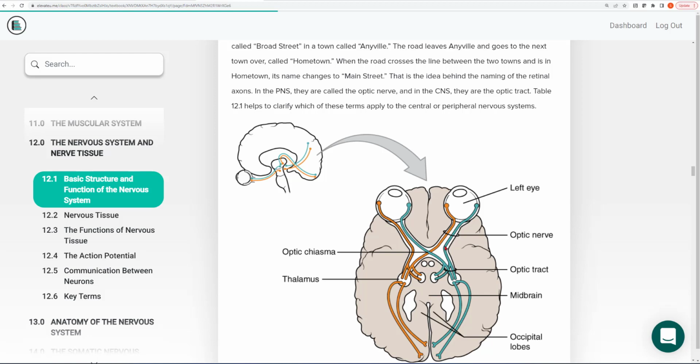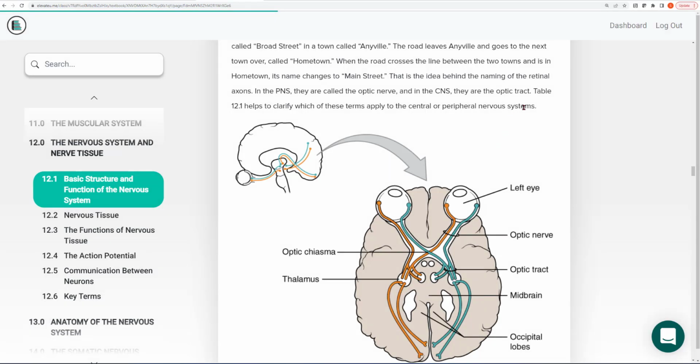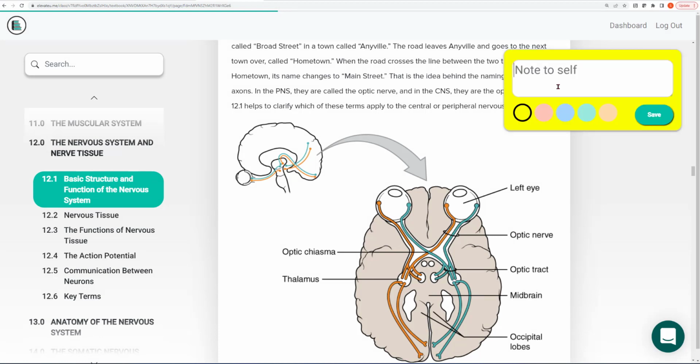Many, not all, but really most nerves cross over from one side of the brain to the other side of the brain. And we call this crossing over decussation. Now that word is not on this page, I don't believe, but let me go ahead and add it right here. Okay, so decussation.